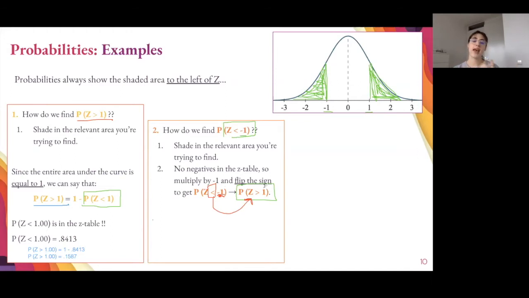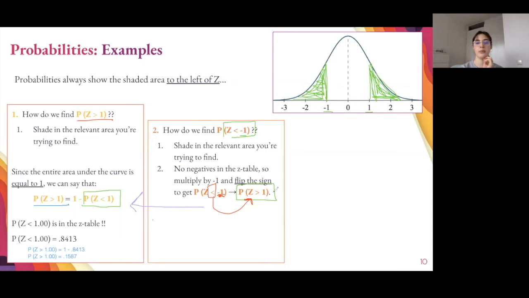Now that we've changed the z-score into a positive number, we can move forward and see how we can use this in terms of the z-table. We've just changed this original probability into one that we found in the first example.